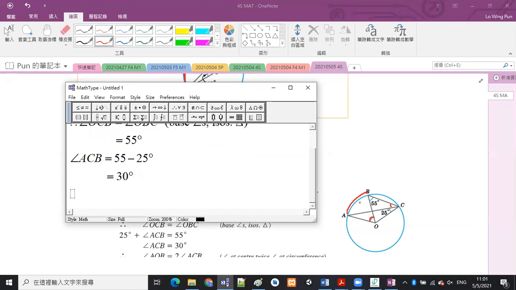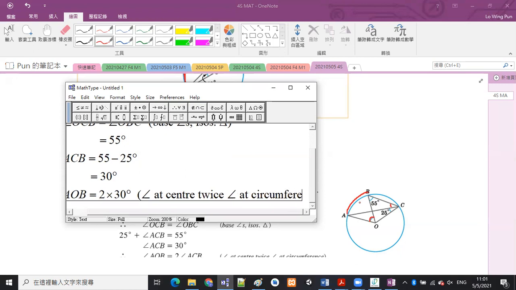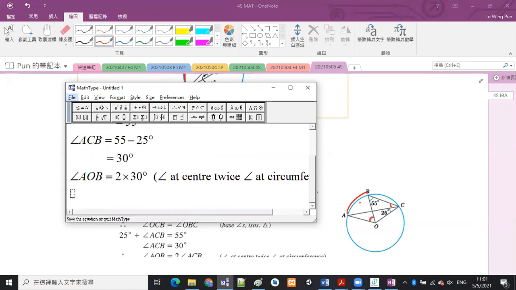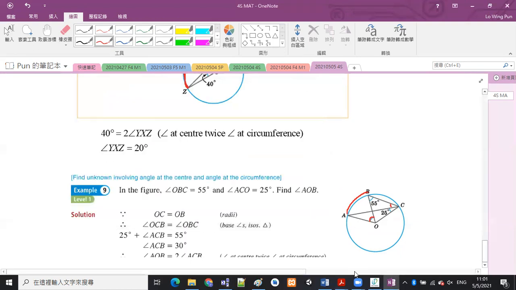Okay, finally, angle AOB will be equal to 2 times 30 degrees. And this is because of angle at center twice angle at circumference. Okay, so the final answer will be 60 degrees. Can you get this?